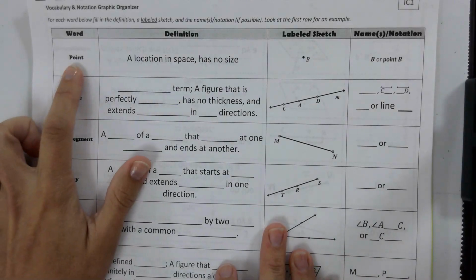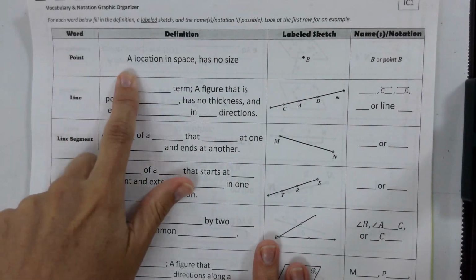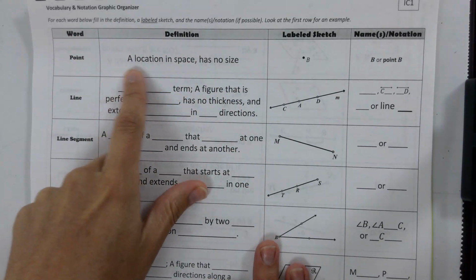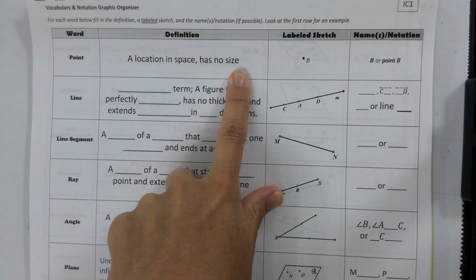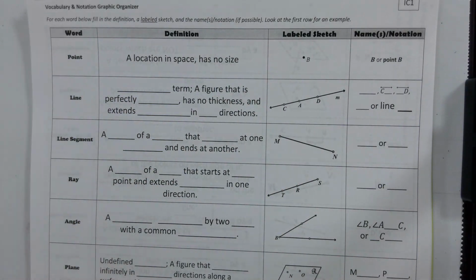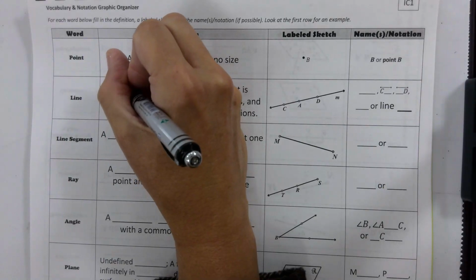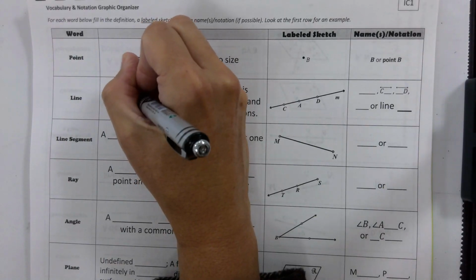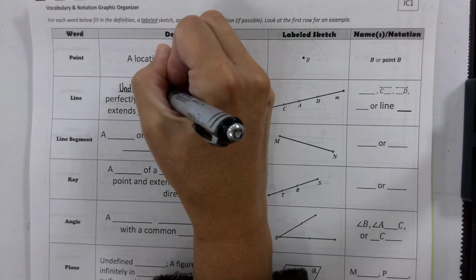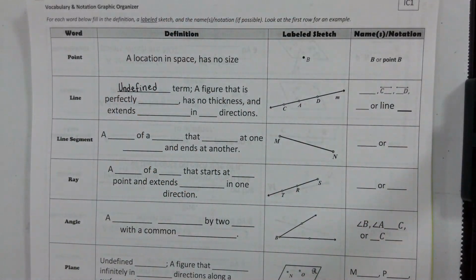The first term, point, has its description right here. It's an undefined term, so we just described it. It's a location in space that has no size. That one's already done. Second one is line. Line is also an undefined term, so here's our description, because we can't give a definition.